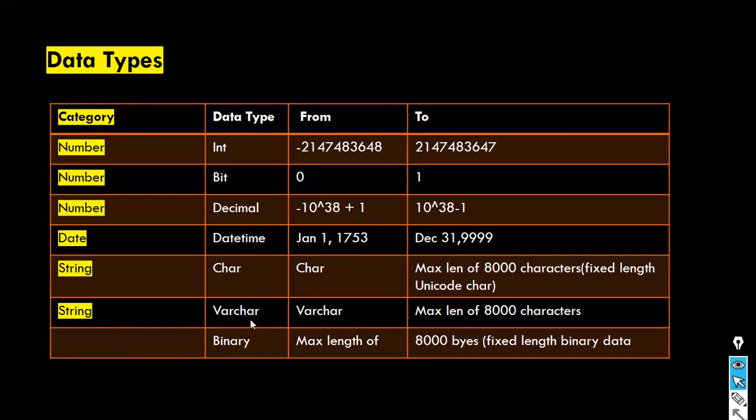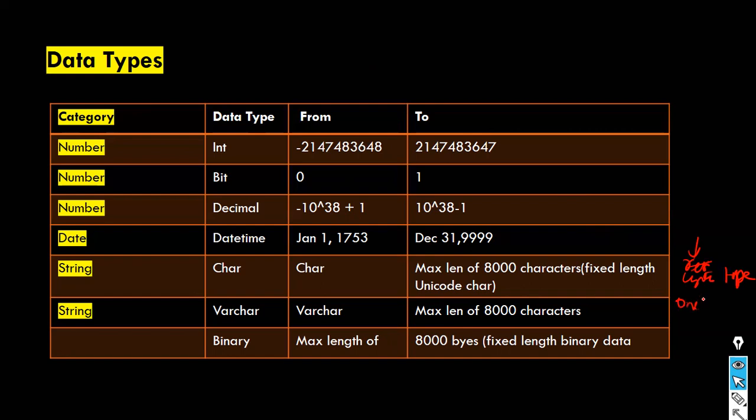And what exactly is the difference between varchar and char? This is a fixed one, this is a variable character. For example, you have a specific column like customer type.